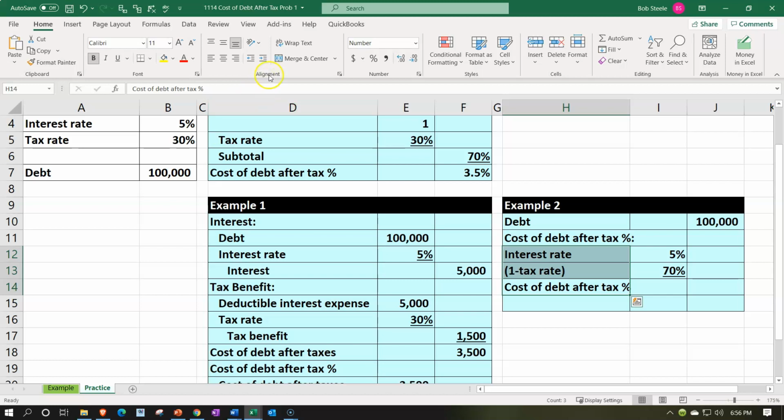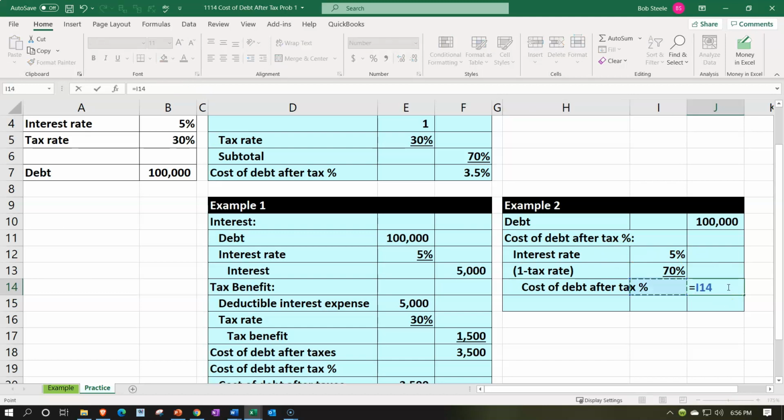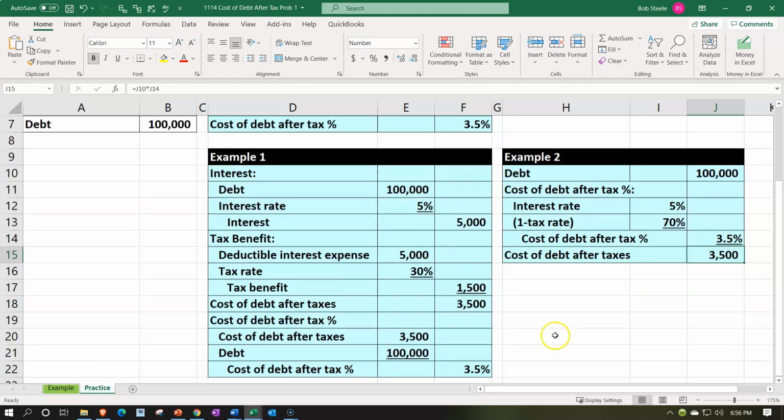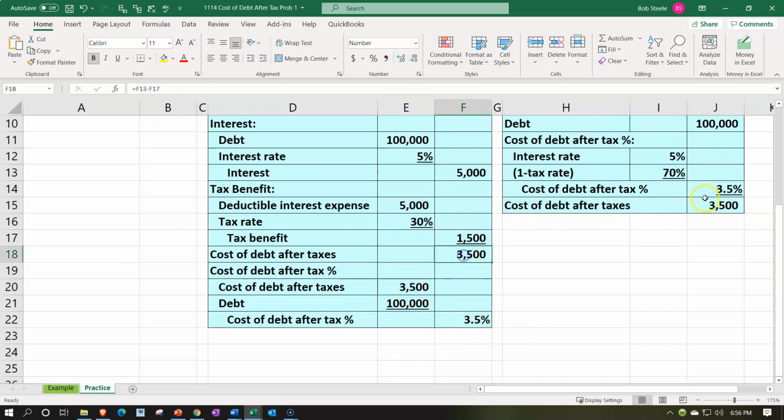I'm going to then indent these, alignment, indent this one, alignment, indent, and then we can multiply this out. This is going to be the 5% times the 70%. Make this a percent, add a decimal, 3.5, font group, underline, and then we're going to call this the cost of debt after taxes, which we calculate as the 100,000 times the 3.5%, and we get that 3,500 that we got here.